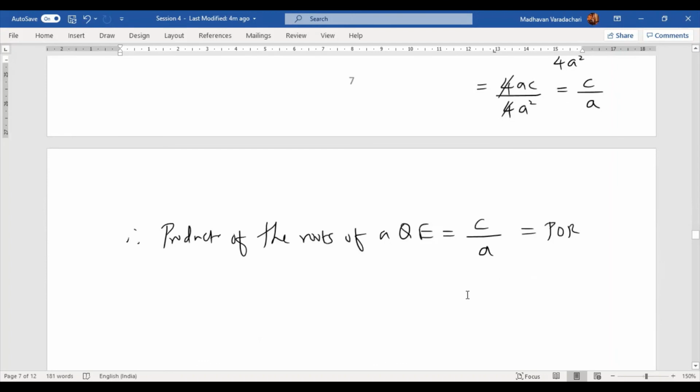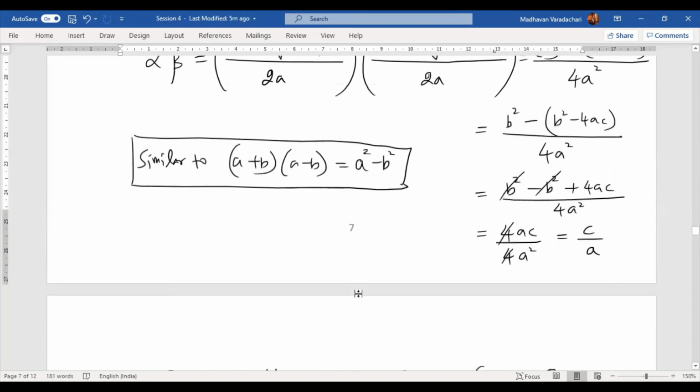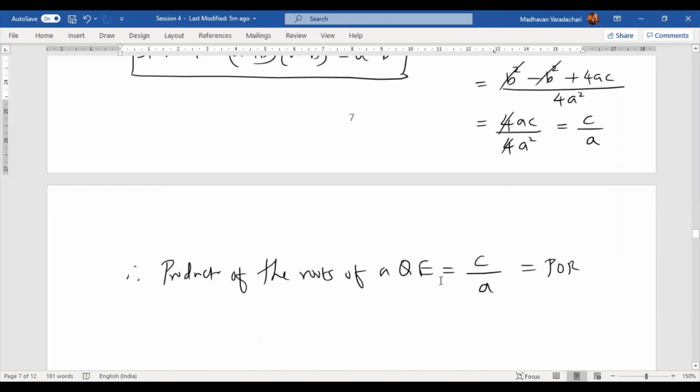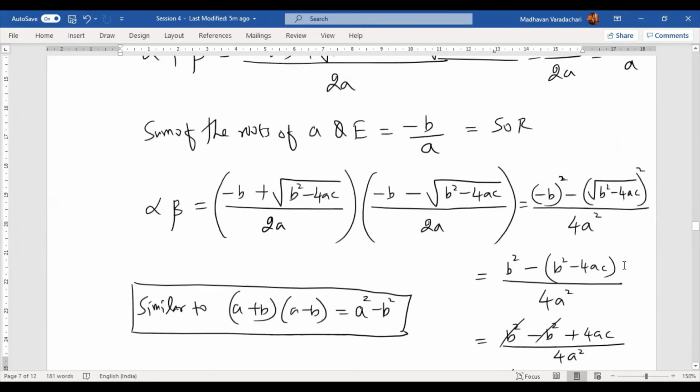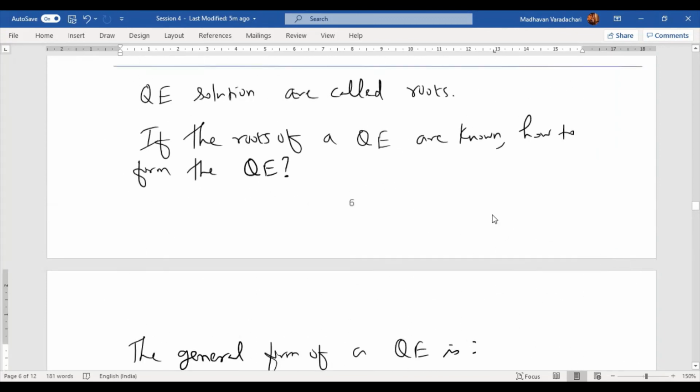So now we have identified, for any quadratic equation, the sum of the roots and the product of the roots. Now the question is, how do we create a quadratic equation from the roots?